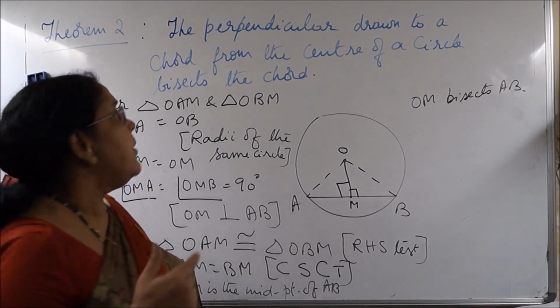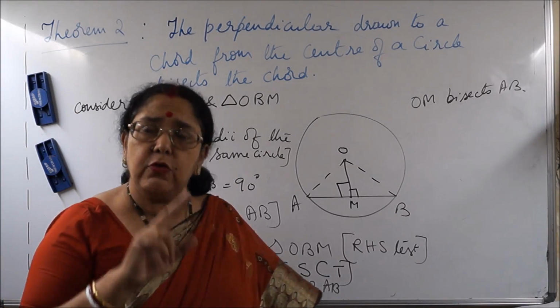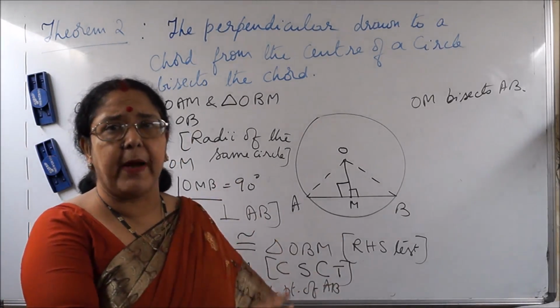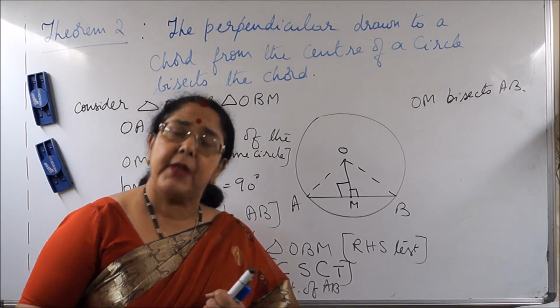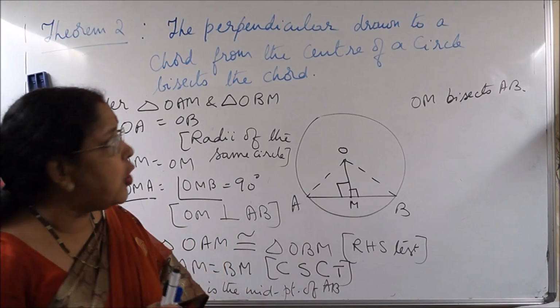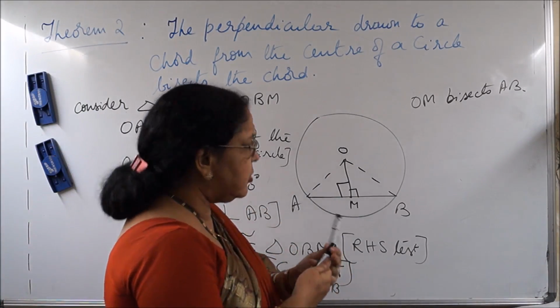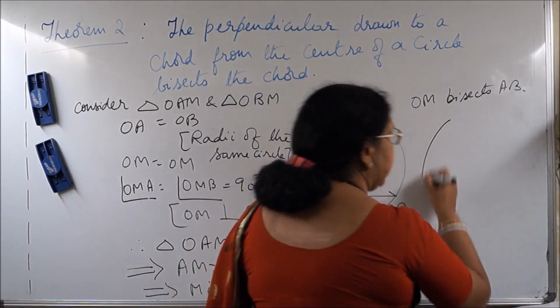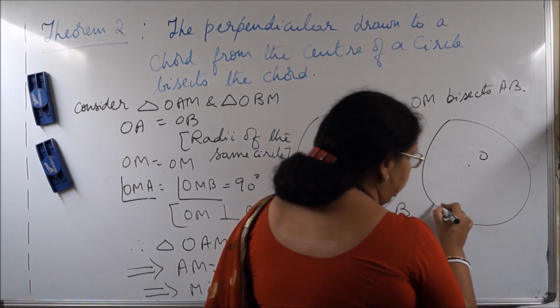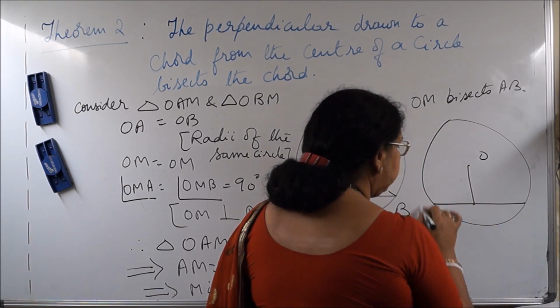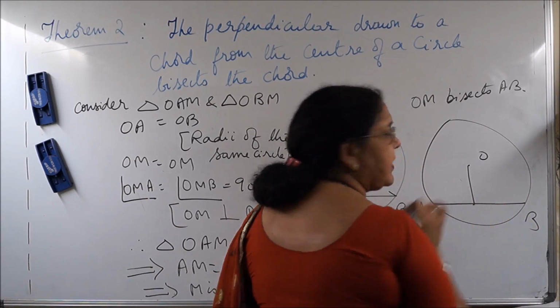So therefore, let us again revise the two theorems that we finished in part 1 and now in part 2. The part 1 theorem says that the straight line drawn, let me draw the diagram also simultaneously, the straight line drawn from the center of a circle bisecting a chord is perpendicular to it.